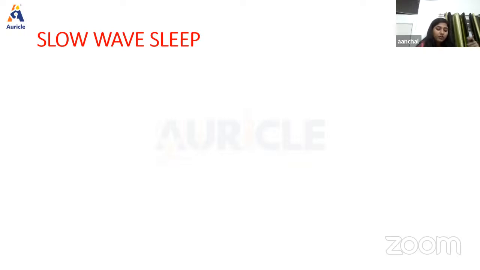Sleep is of two types: the non-rapid eye movement or slow wave sleep, and the second is rapid eye movement, also known as REM sleep. In today's class we are only going to discuss slow wave sleep, also known as non-rapid eye movement sleep.